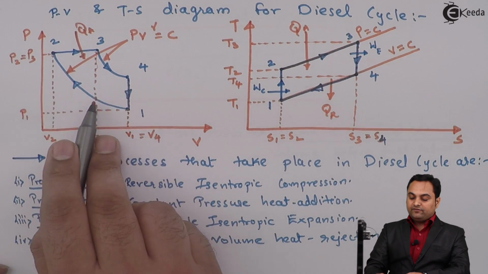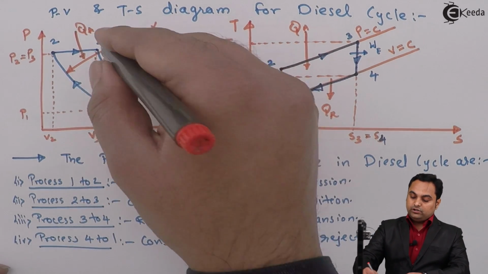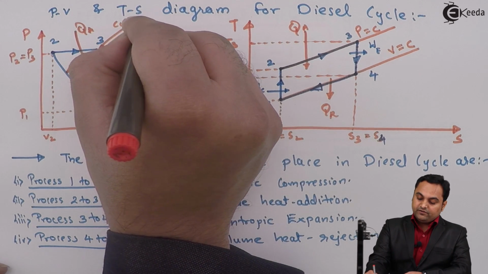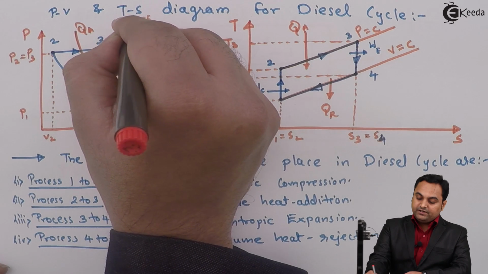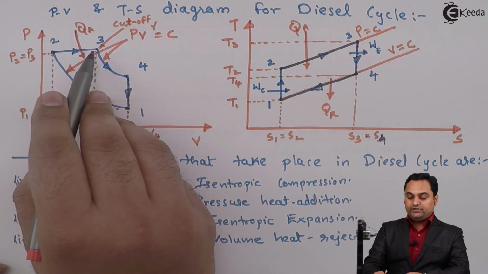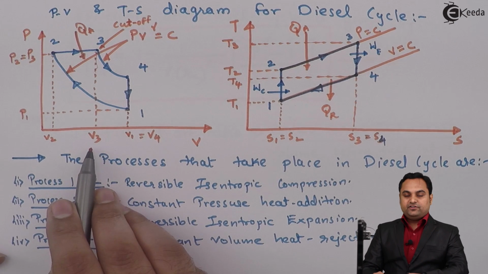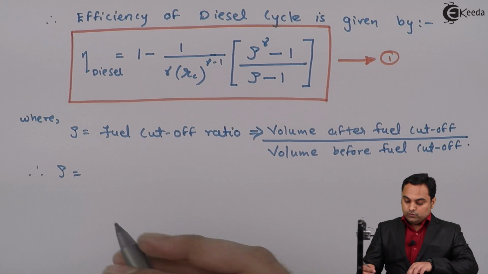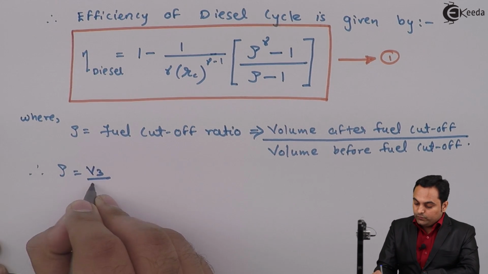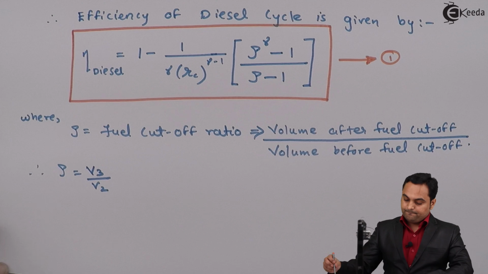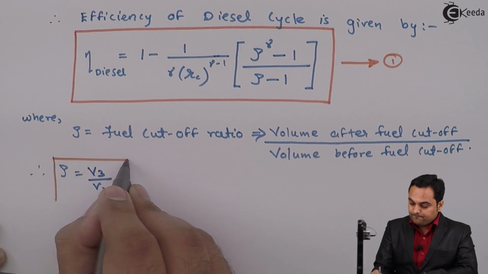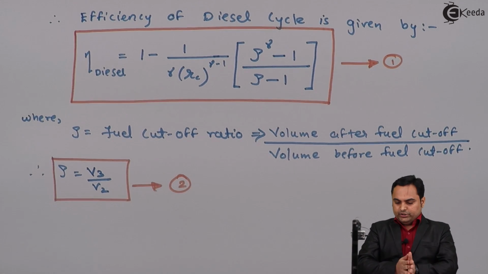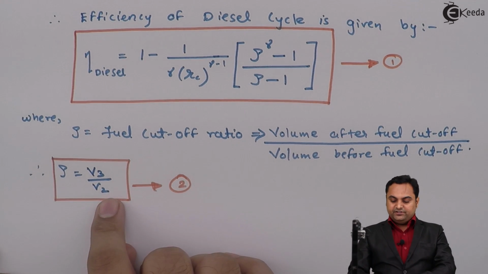So this is the volume after the fuel is cut off, because fuel cutoff takes place at point 3. This is the cutoff point where the fuel has been injected, and now the fuel injection stops at point 3. So volume after cutoff is V3, volume before cutoff is V2. So rho is equal to V3 by V2. I'll keep this as the second equation. So now in equation 2 we have V3 and V2.